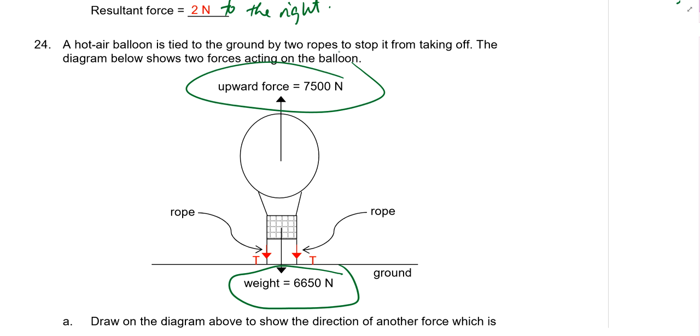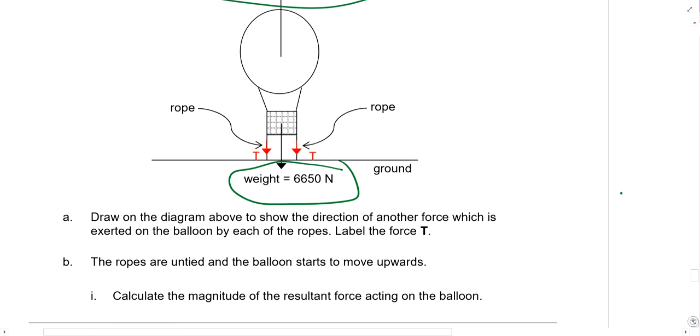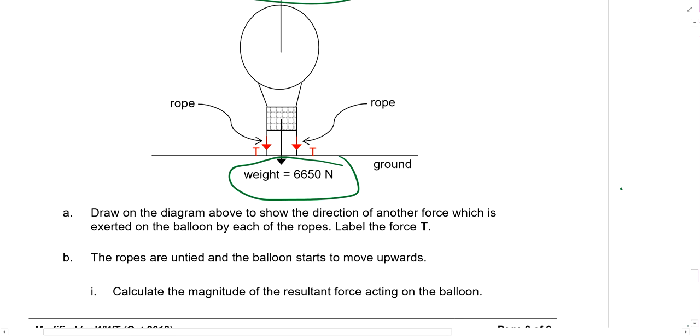So since I have a downward force 6,650, 7,500 newtons upwards, there must be 2 tension forces acting downwards in the 2 ropes. I will assume that they are equal. Okay? So this is the answer for part A. And label the force T, tension. I already tell you to label as T, right?